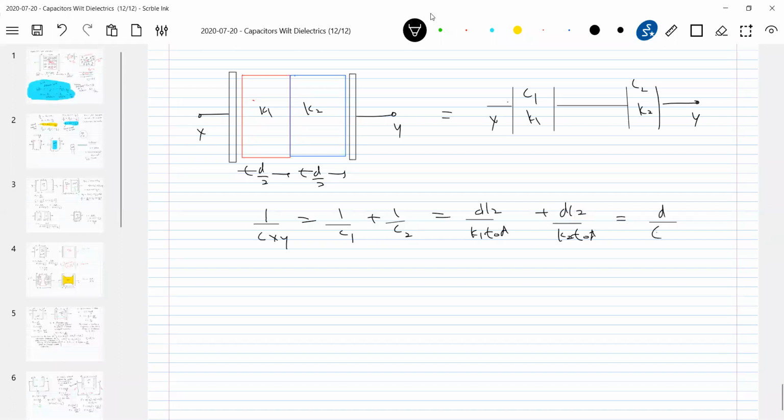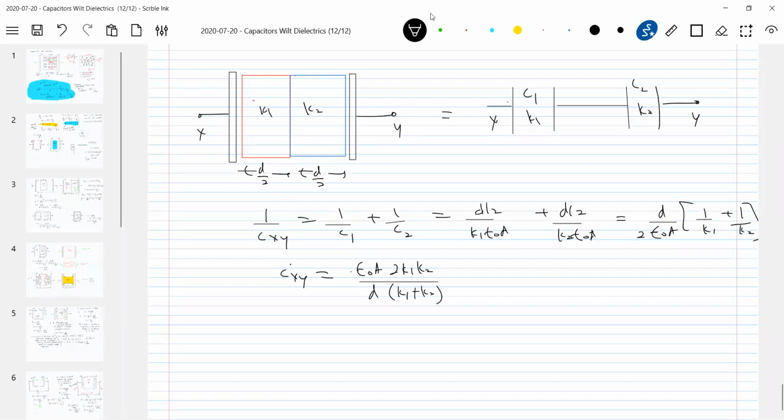So this d by 2 epsilon naught A you take outside, 1 by K1 plus 1 by K2, or Cxy should be equal to epsilon naught A 2 K1 K2 by d (K1 plus K2).